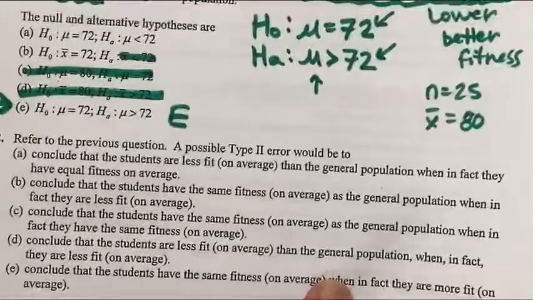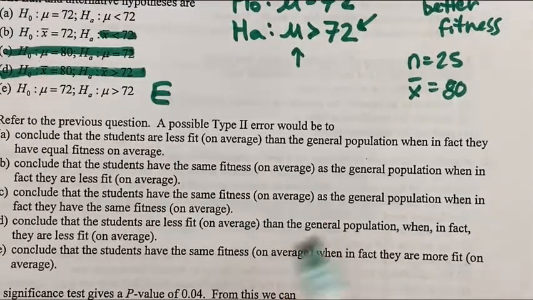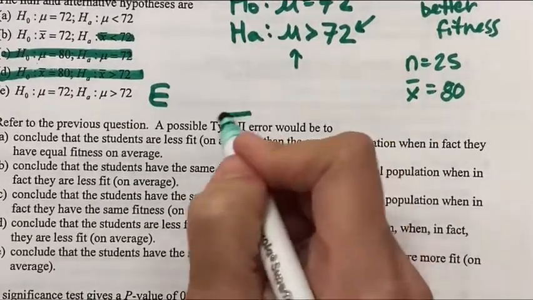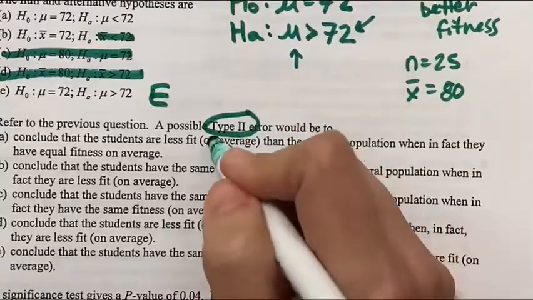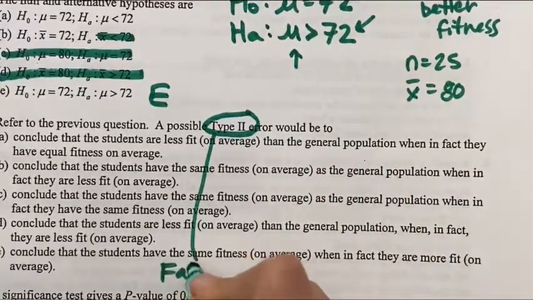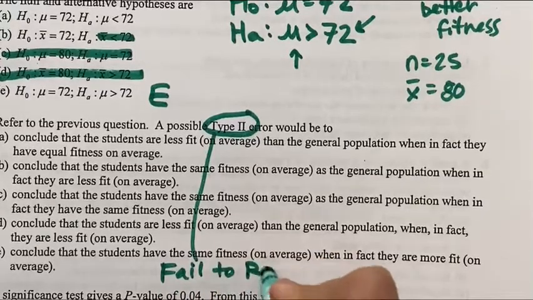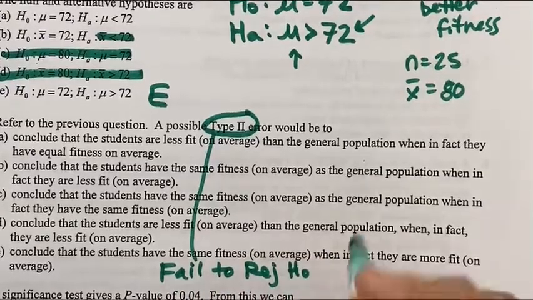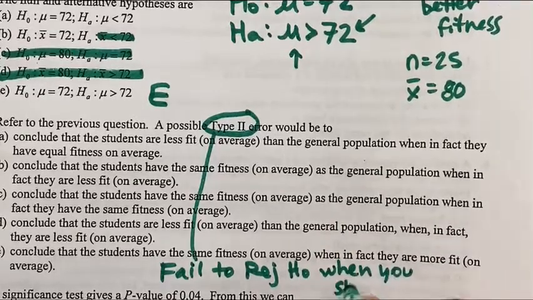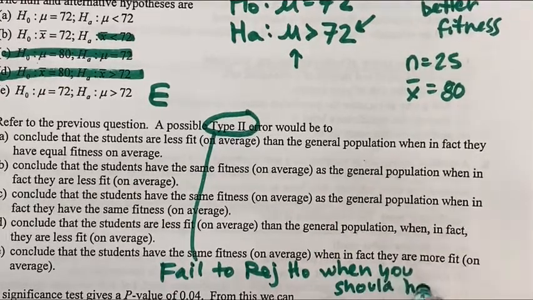Let's look at question number 2. I think we had some sample questions like this. Possible type 2 error. Well, that means you walked through door number 2. What happens when you go through door number 2? You fail to reject the null when you should have. Right?